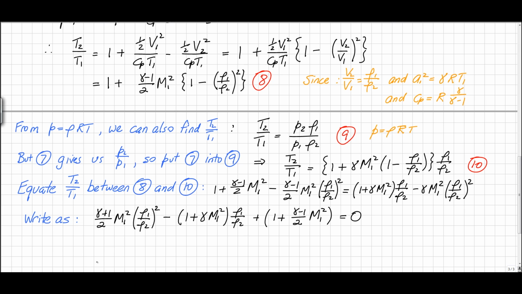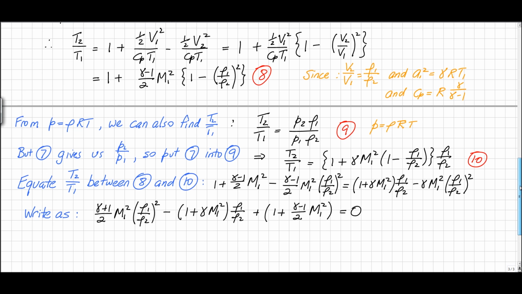Here are functions of just gamma and M1 times (rho 1 over rho 2) squared, functions again of gamma and M1 times rho 1 over rho 2, and then another function of just gamma and M1. So the only parameters we've got are gamma and M1. I'll slide the screen down again.